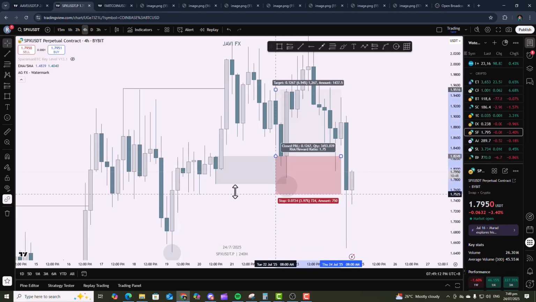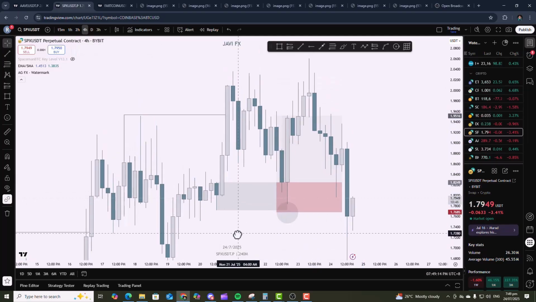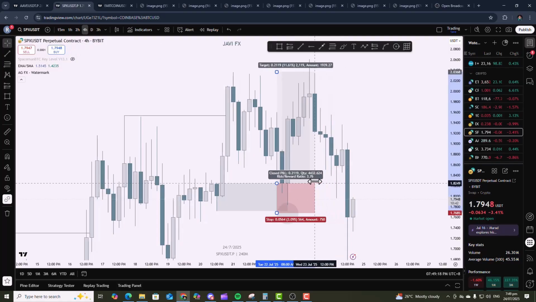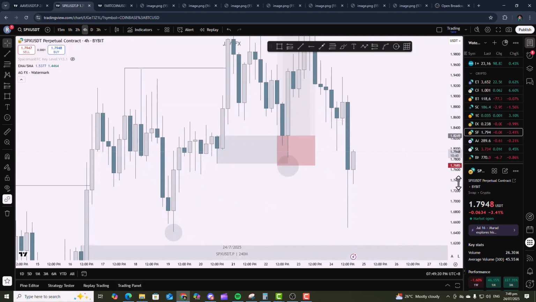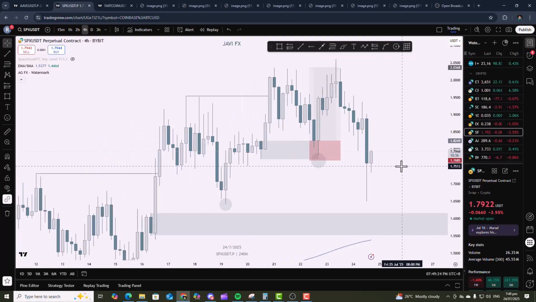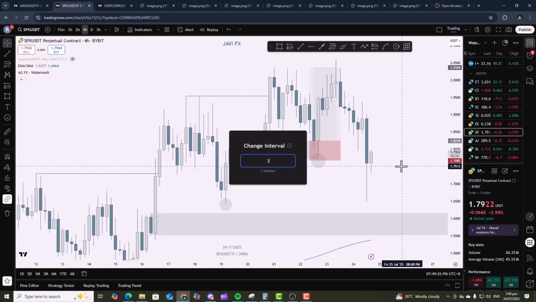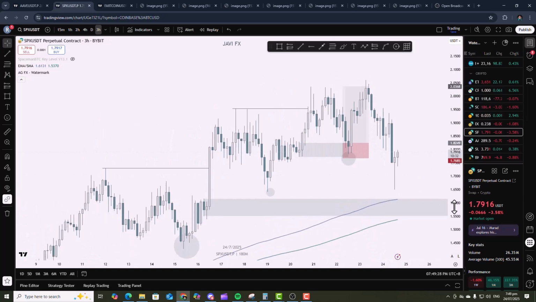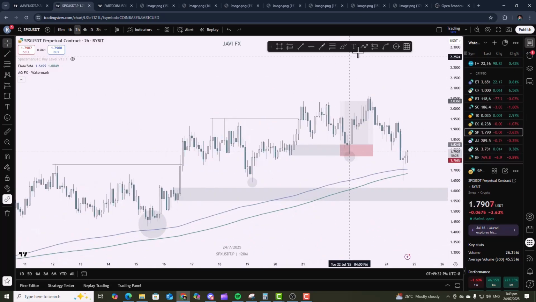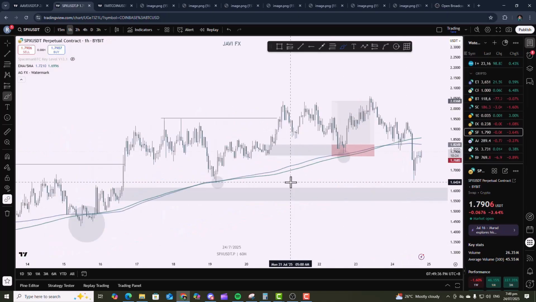Okay, so maybe I'll ask myself, what time frame can the moving average be in my favor? Let's see. 4-hour, nope. 3-hour, nope. 2, not really, probably just now. 1 hour, boom, there we go.